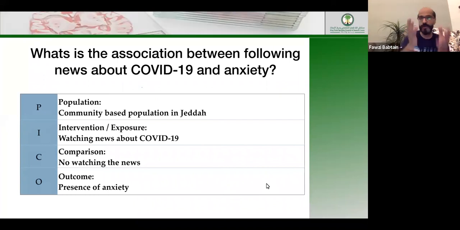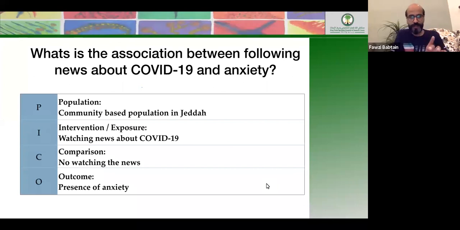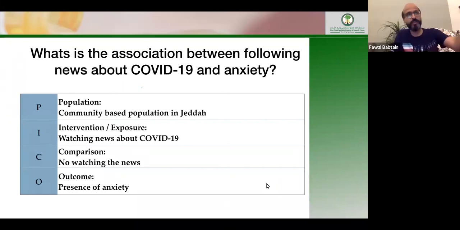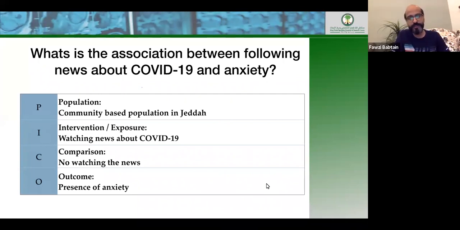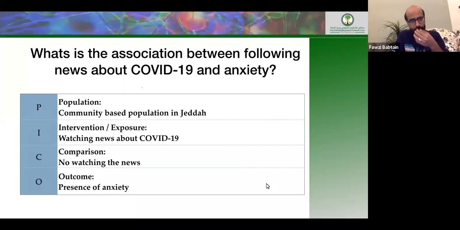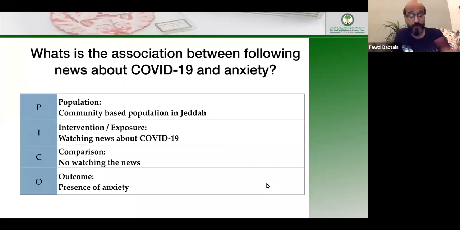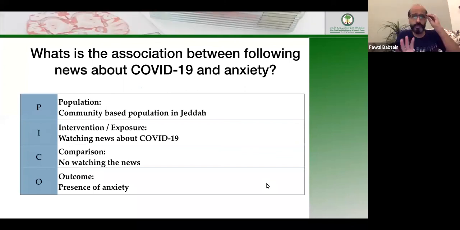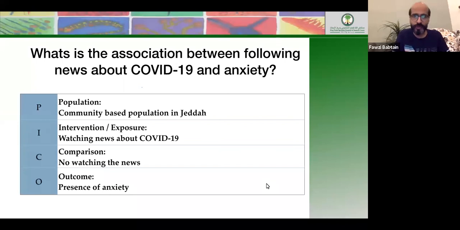Or, I give him, for example, an iPhone that can measure each time he goes to the news or Googles COVID-19. This is a very objective way to look at this. Compared to those I give an iPhone and tell them to just use it randomly without going to COVID-19 news.